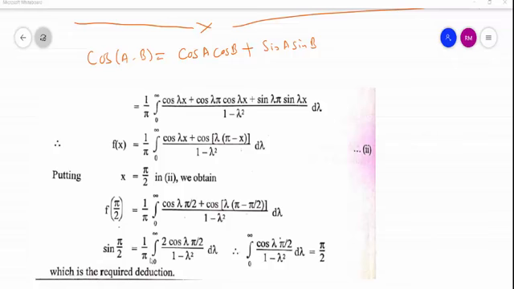So pi in the denominator goes towards the right hand side, and 2 in the numerator goes towards the denominator, and the value of sin pi by 2 is 1, so we get this equality. I hope you understand this problem.